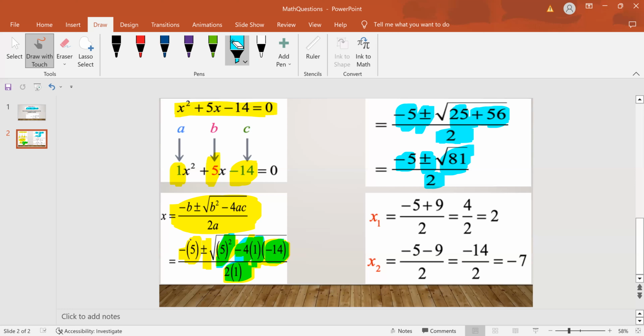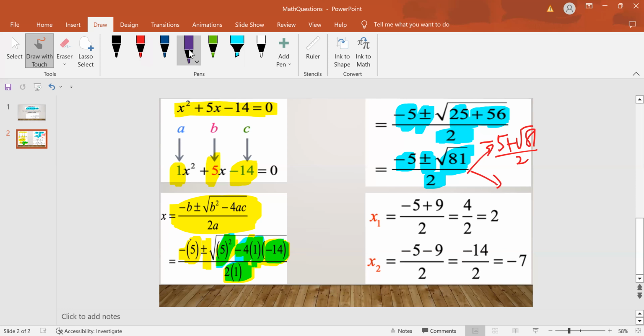Divide again by 2. At this step, you have to understand that we are going to have 2 solutions. One with negative 5 plus the square root of 81, divided by 2. The other one will be what?